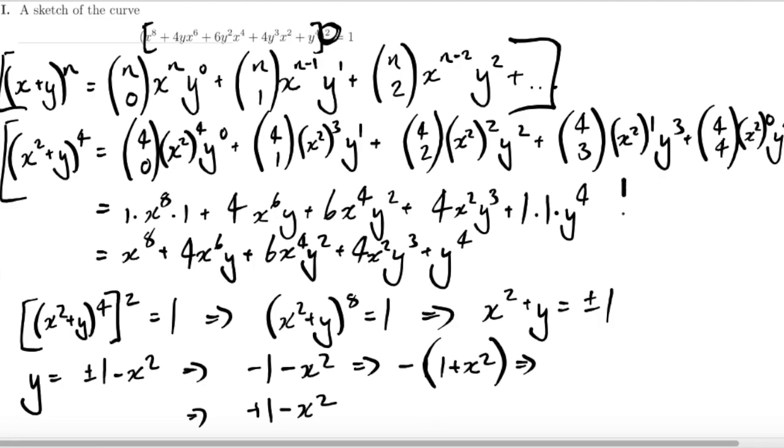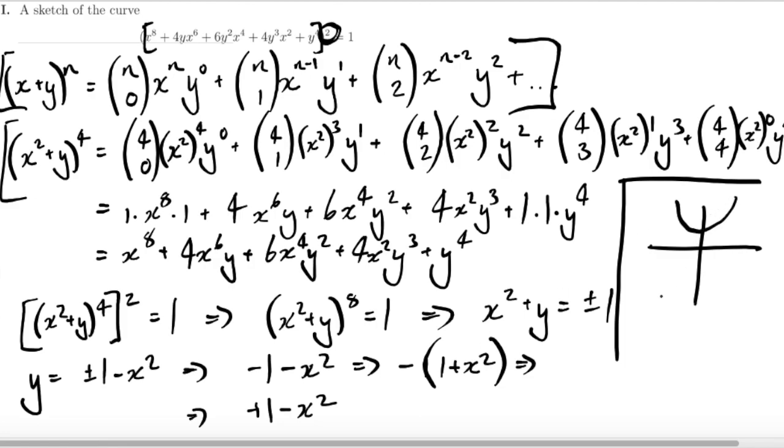If I just take a moment to plot this, that would be x squared plus 1, but we're actually looking for the mirror image of that, mirrored in the x-axis, and as you'll see there are no solutions for that, so no solutions.